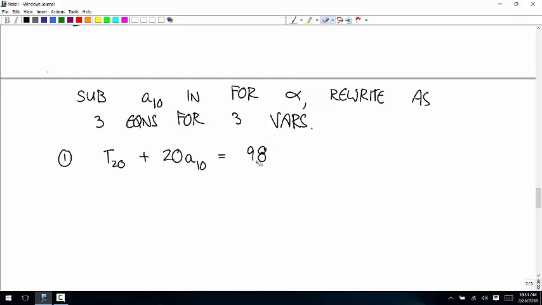Nope, 196.2. Second equation said T10 minus 10 A10 is equal to 98.1.